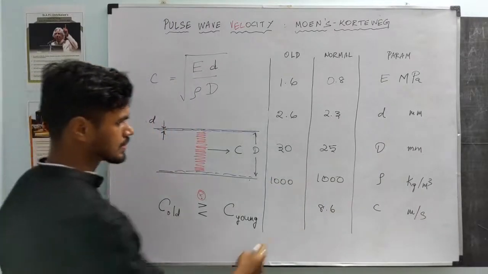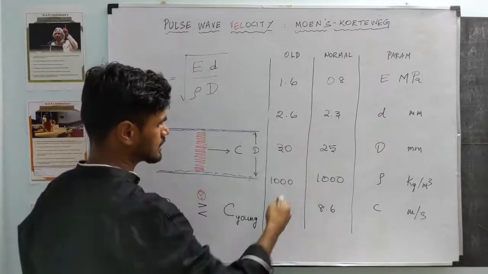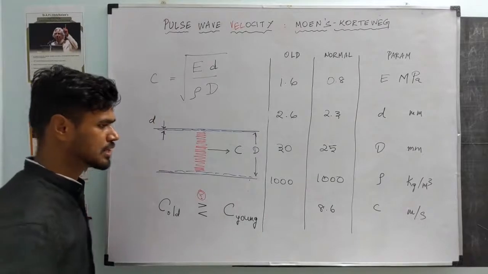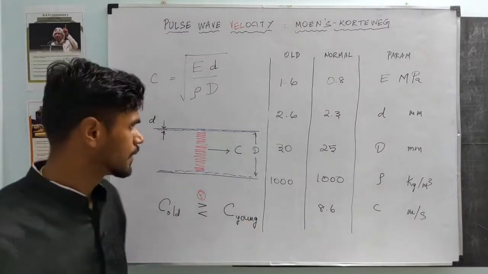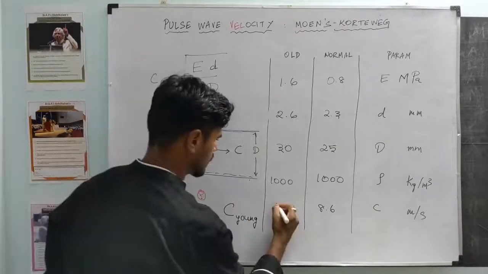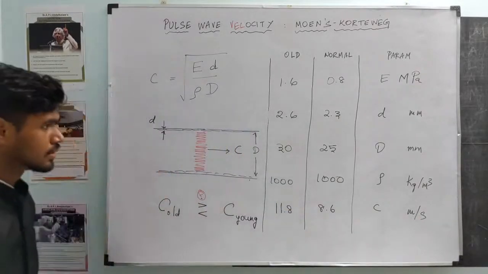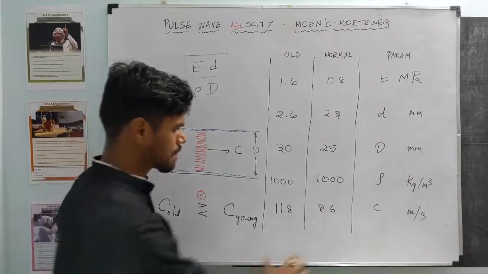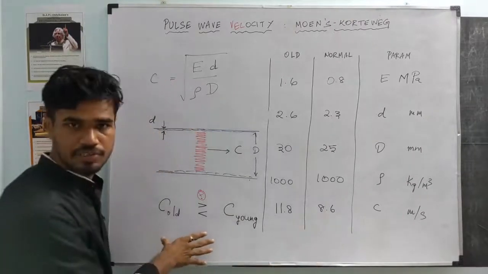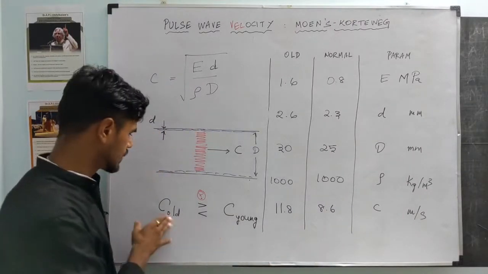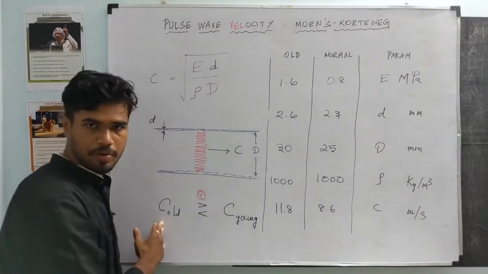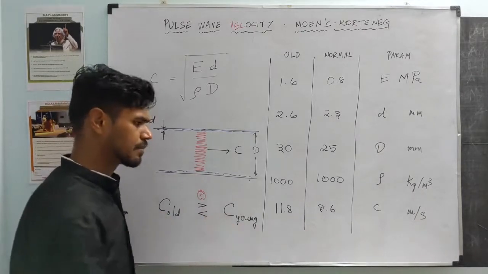So let's plug in these values and try to find what the pulse wave velocity for an older person is. I get approximately 11.8 meters per second. So at this stage, let's try to answer the question that we raised. Is pulse wave velocity higher in older people or is it higher in younger people?